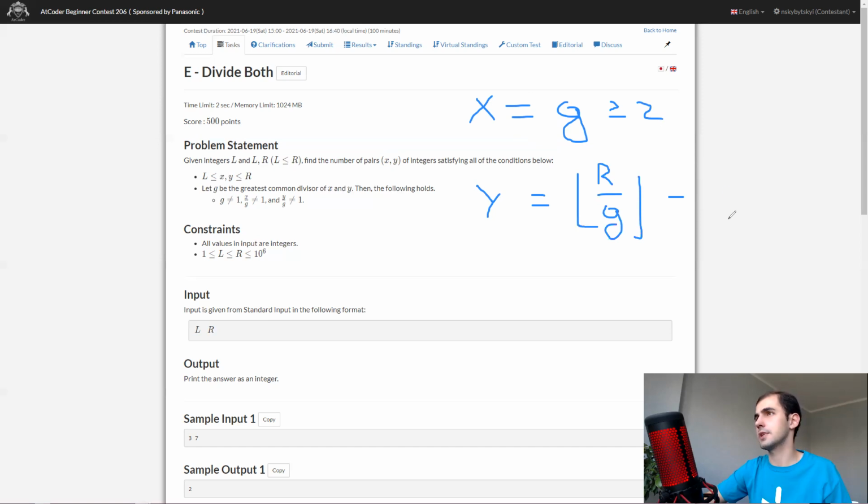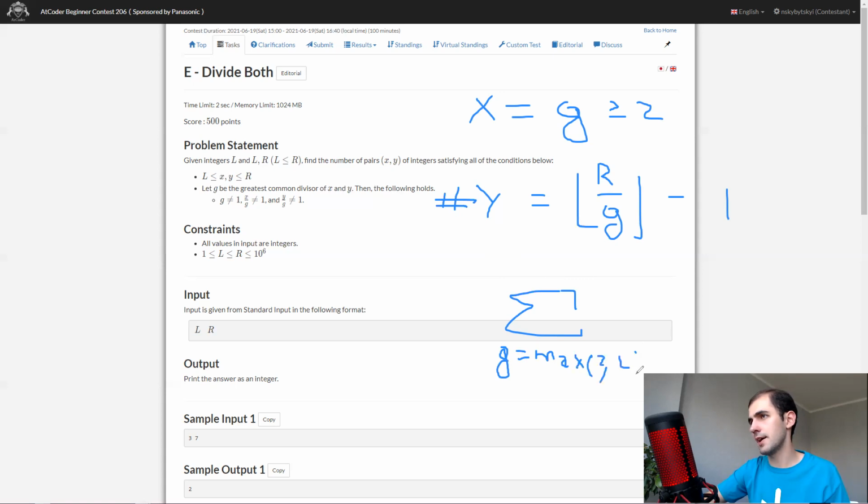So yeah, that would be -1. And such a thing is how many bad pairs you have where x over g is equal to 1. That's for a fixed value of x, and for all possible values of x you would need to subtract this sum from g, let's say equal to, first of all, at least 2.